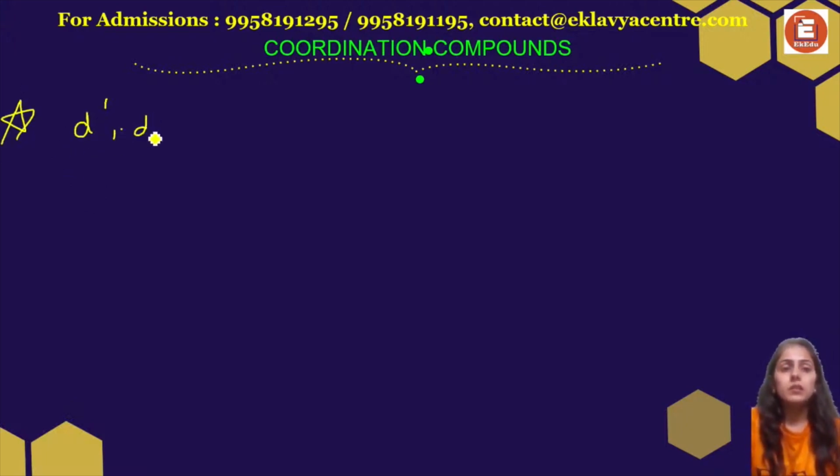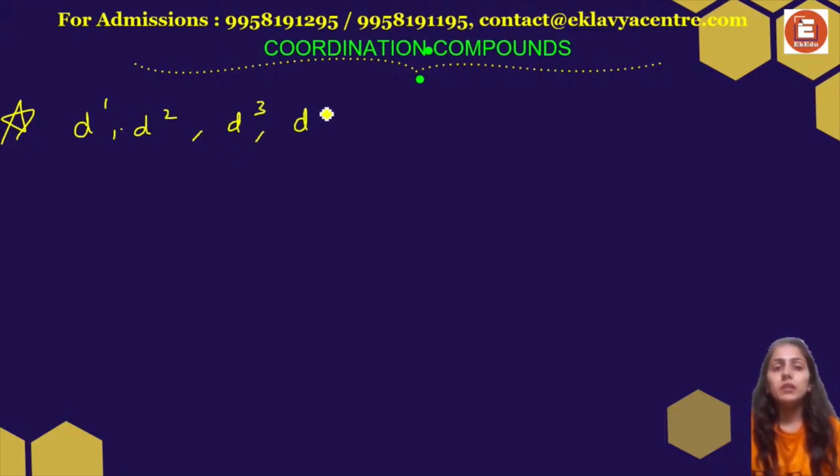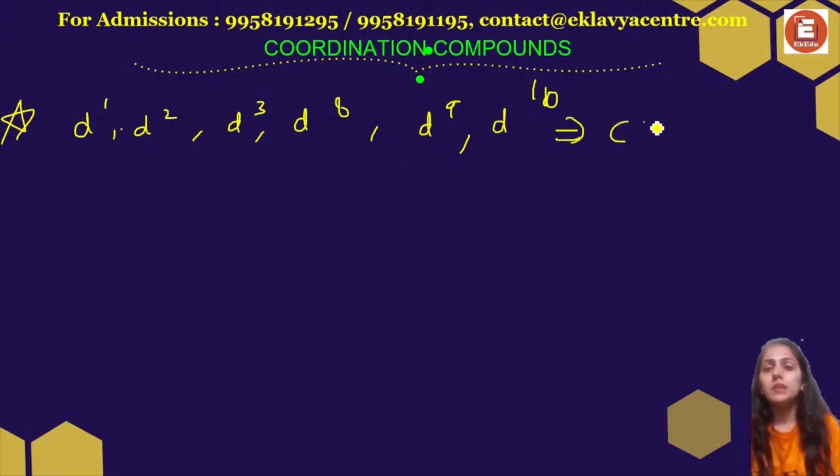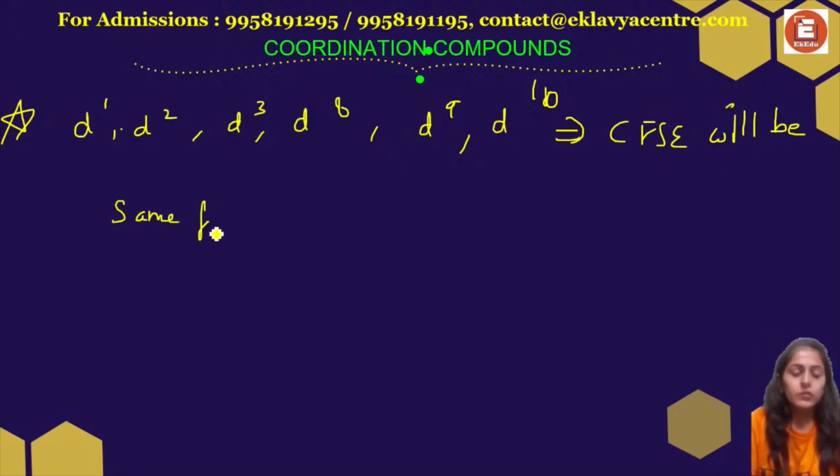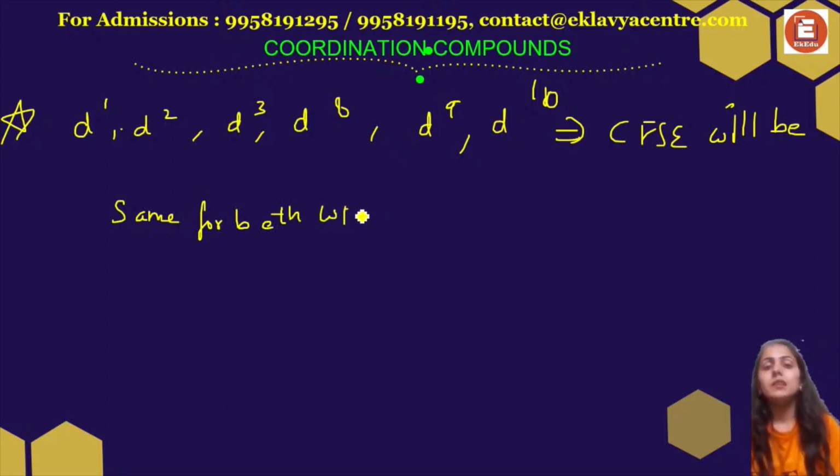For d1, d2, d3, d8, d9 and d10, for all these electronic configurations, the CFSE will be the same for both weak field ligand and strong field ligand.